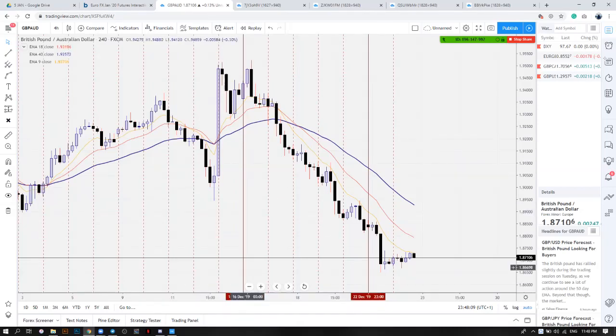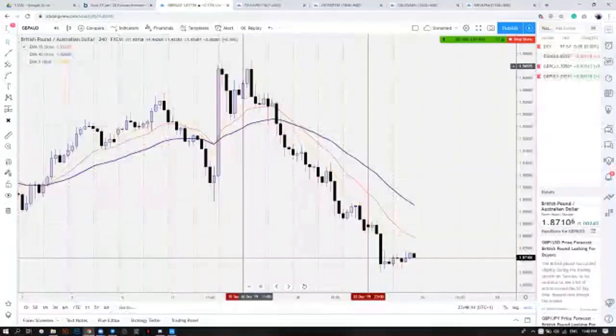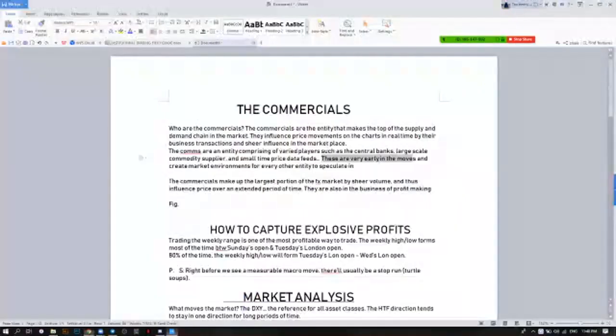Now, last week on GBP AUD, the high of the week formed on Monday. If you go back to what I wrote, the weekly high or low forms most of the time between Sunday's open and Tuesday's London open.